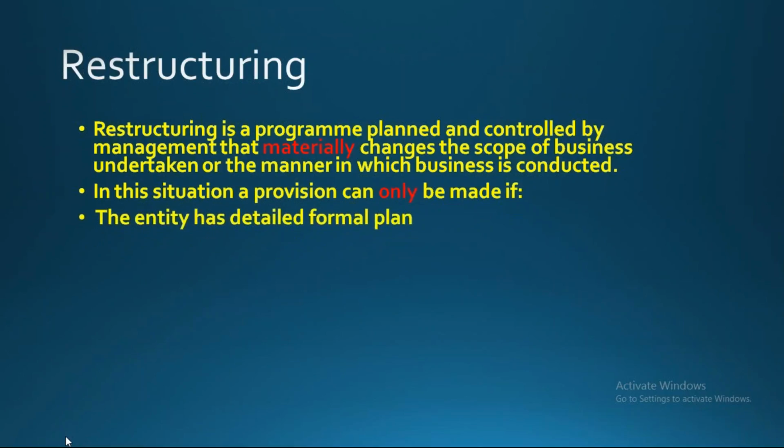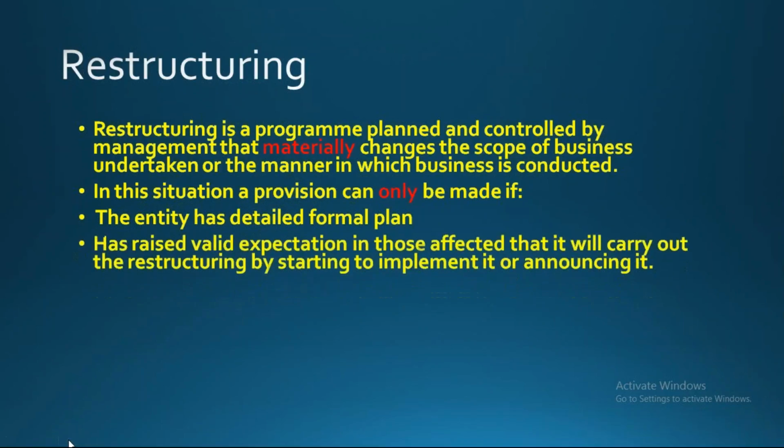The entity has a detailed formal plan. The restructuring plan is completely known to everyone and anyone. So it has a detailed formal plan. What do you mean by a formal plan? It is something the board has approved, and everyone knows that there is a formal plan of a restructuring happening.